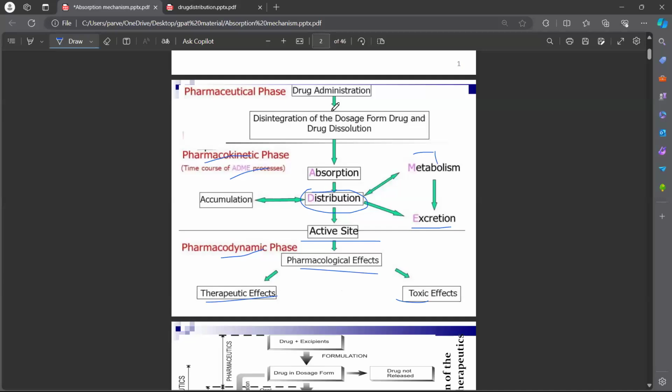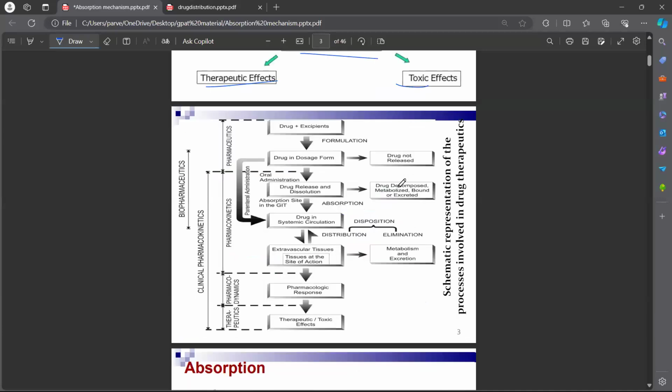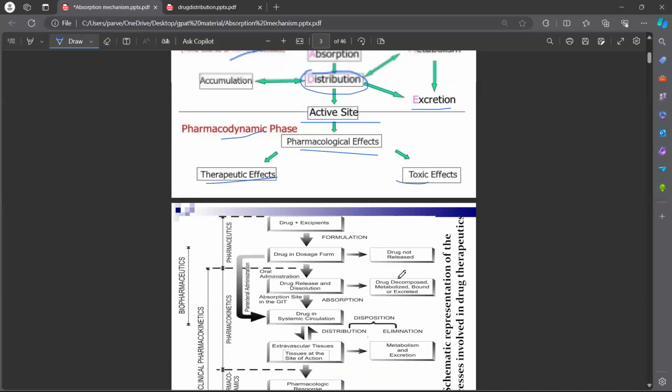This is the more elaborated way: first, using the drug and excipient, we formulate the dosage form. Then from the dosage form, the drug gets released into the systemic circulation.